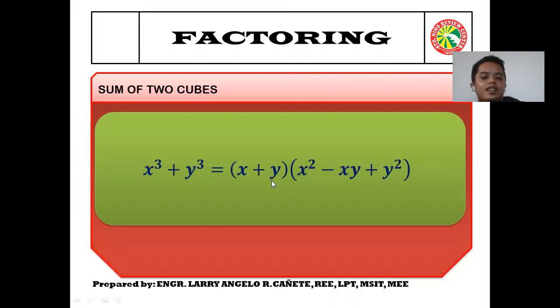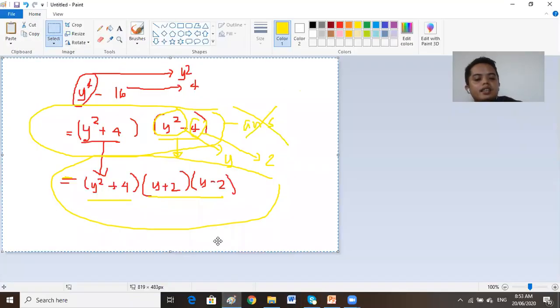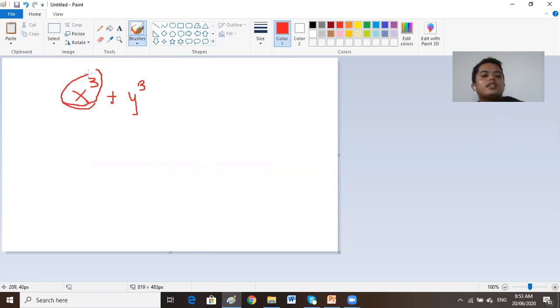So this is the rule, and I will present this one in Paint. So x cubed plus y cubed. Verify if this can be cube rooted.